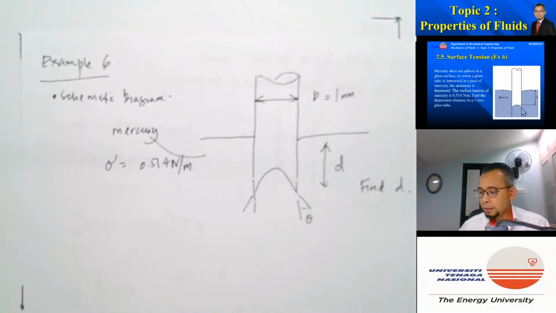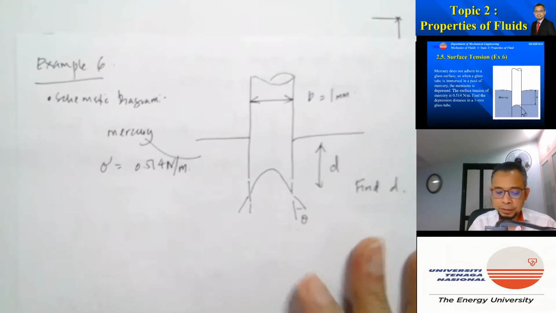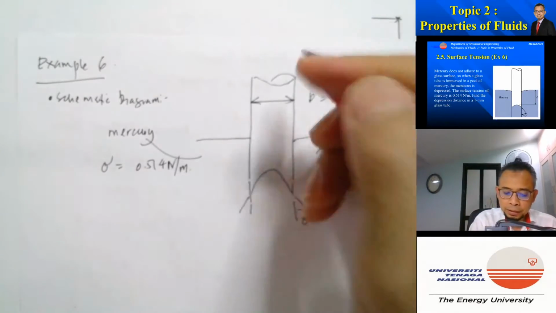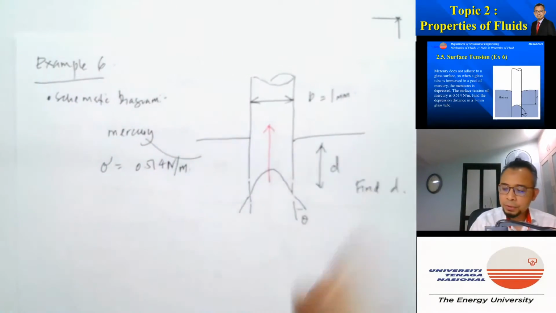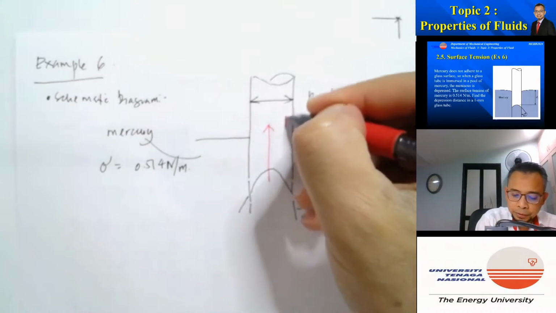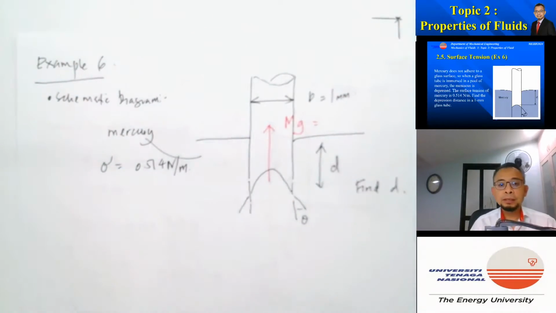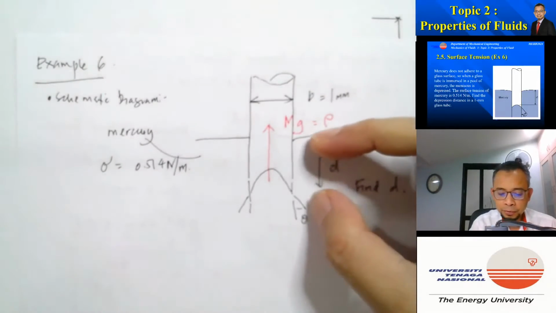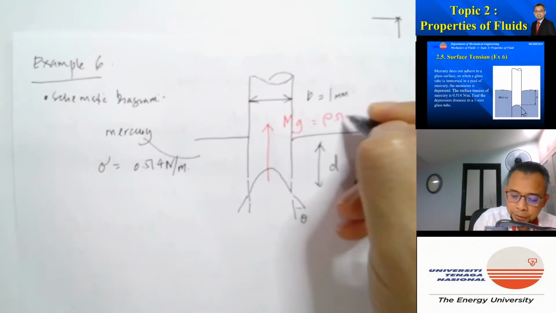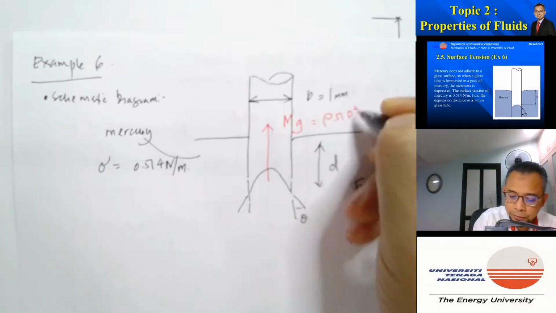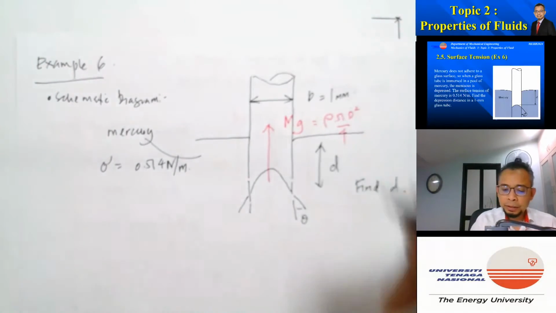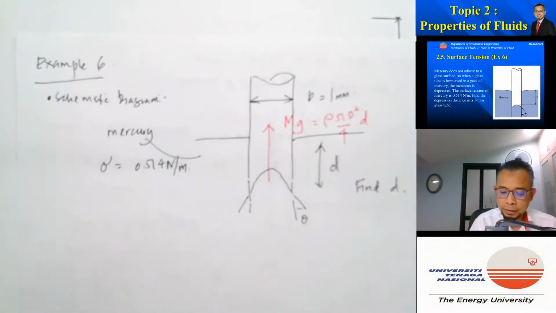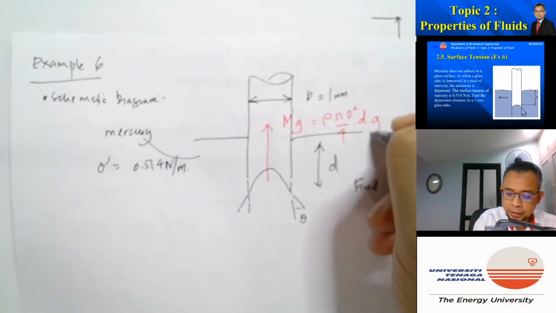If we consider the forces acting on this, the force acting downward is equivalent to mg. So mg is equal to rho multiplied by the volume, which is pi D squared over 4 multiplied by d, then multiplied by g.